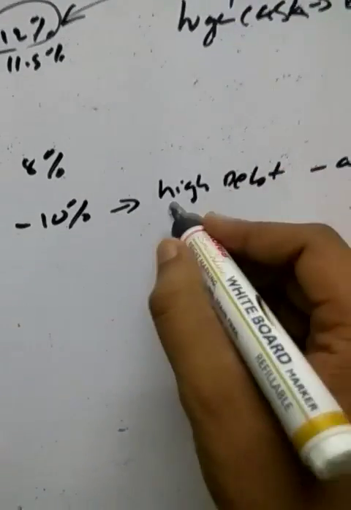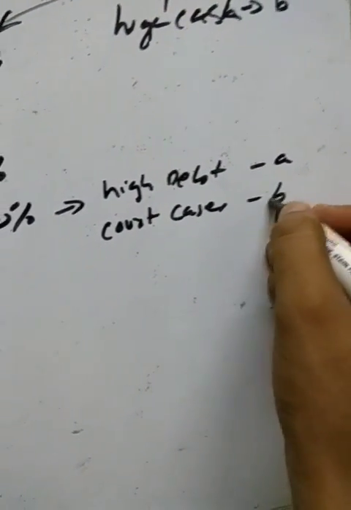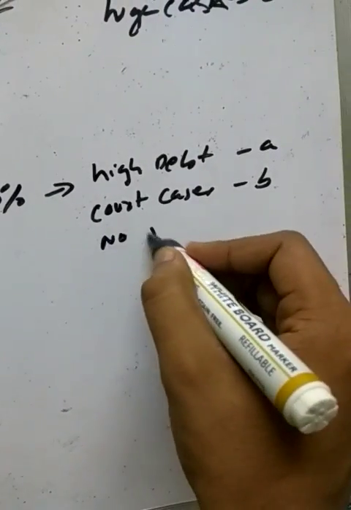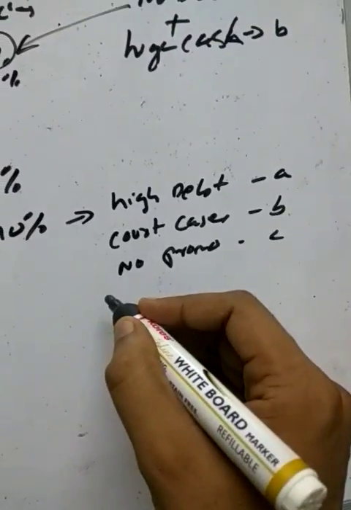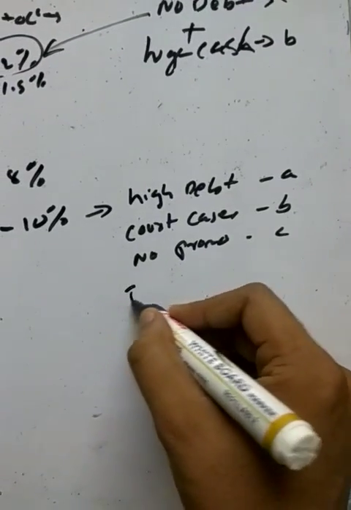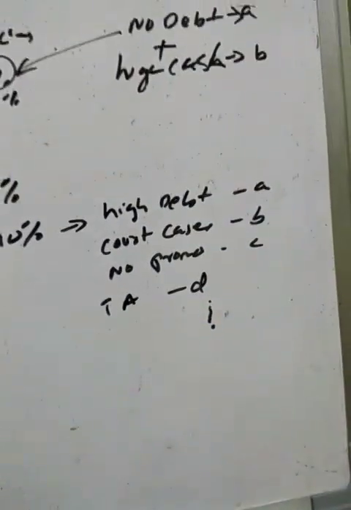It is a factor. Court cases are upon it. Factor B, no promoter majority. Factor C, and maybe technically it's also falling. Factor D, and so on. So many factors.